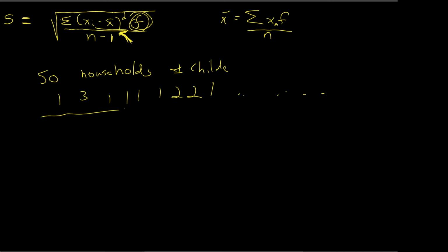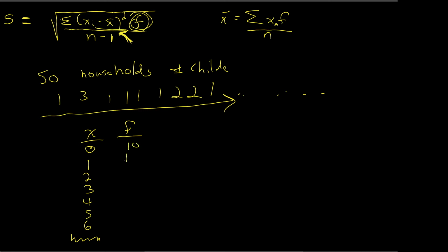We could add up every one of these and find the data. Or we could recognize that the household has 0, 1, 2, 3, 4, 5, 6 children, but no more. And so we could count the frequencies, which were: there were 10 households with 0, 19 with 1, 7, 7, 2, 1, and 4.